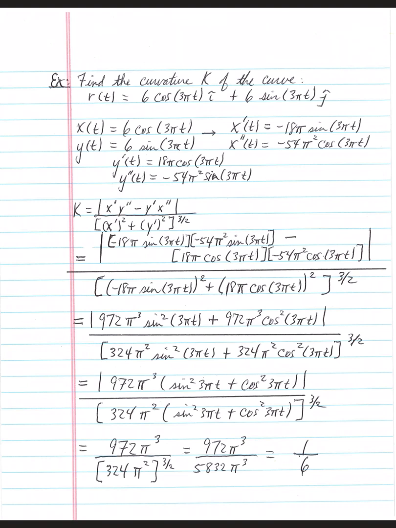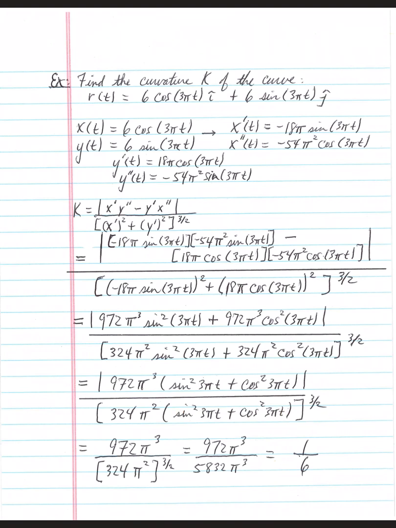If you factor out from the top 972 pi cubed, that will leave you with these two terms. And we know that as long as the angles match, sine squared plus cosine squared equals 1. So this just becomes 972 pi cubed. Same thing in the denominator. I went ahead and factored out a 324 pi squared, and that left sine squared and cosine squared of the same angle.